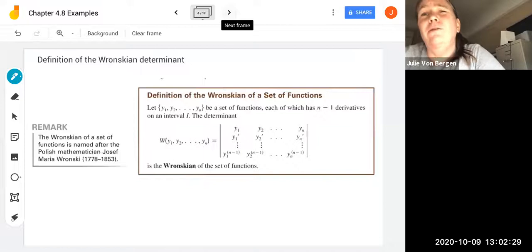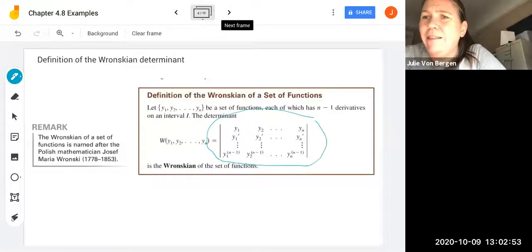So now we're going to use what's known as the Wronskian determinant. We define the Wronskian determinant for a set of functions. We're going to let y1 through yn be a set of functions, and each of these has n minus 1 derivatives on an interval I. The determinant takes all of the functions and their derivatives in the respective columns, through the (n minus 1)th derivative in the last row for each of these functions.